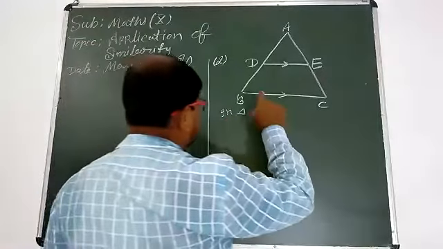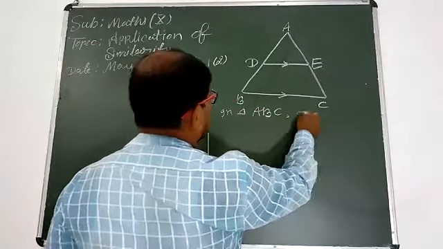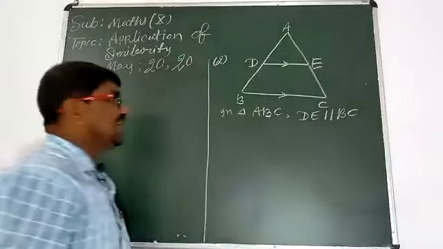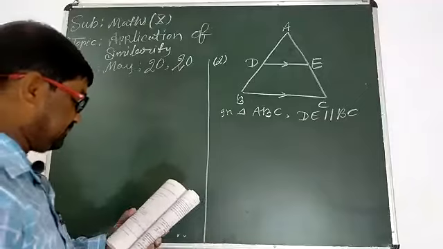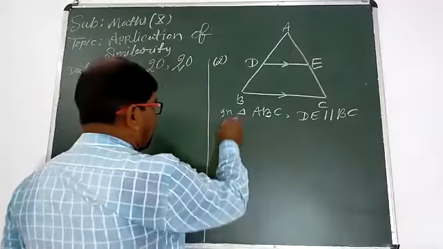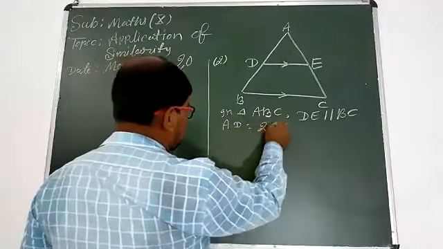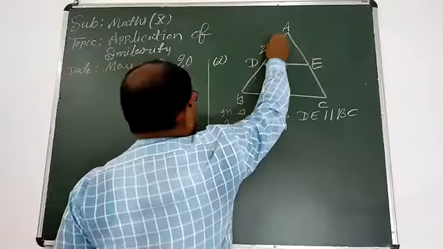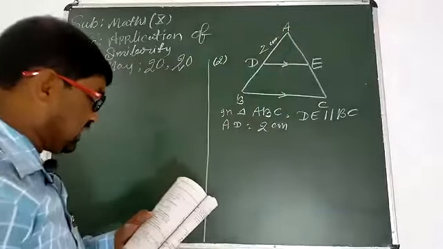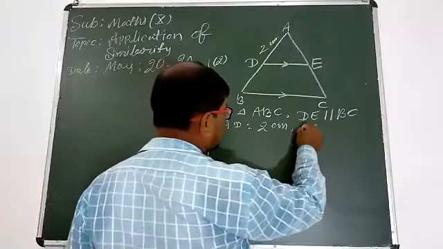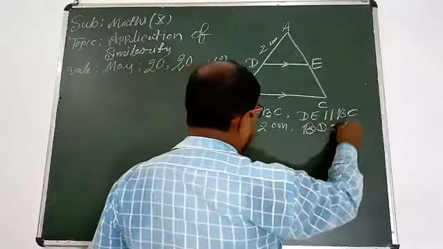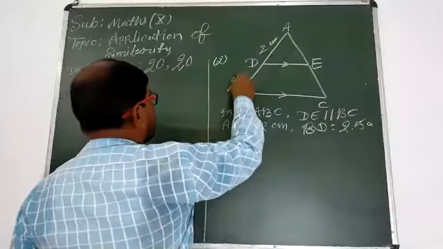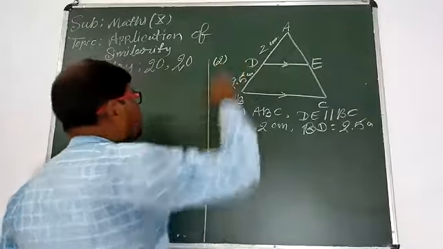In triangle ABC, DE parallel to BC. AD equal to 2 cm. BD equal to 2.5 cm.